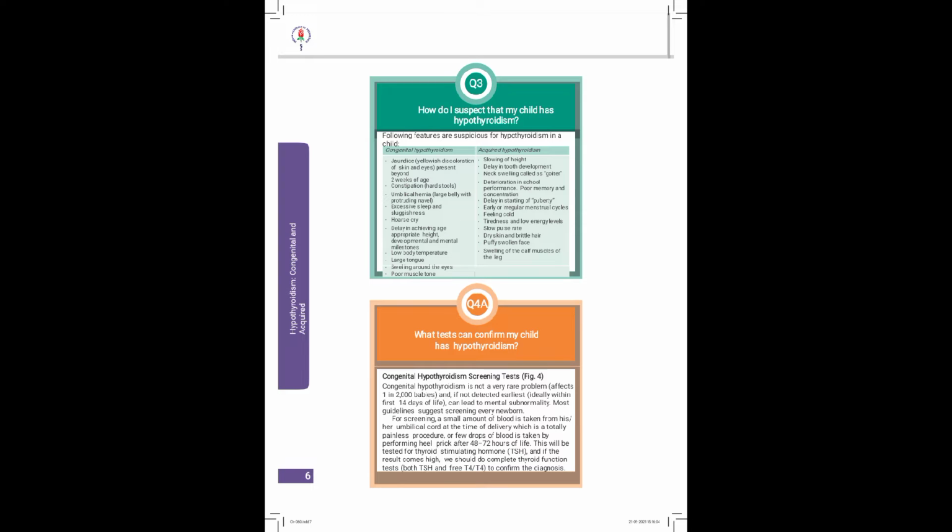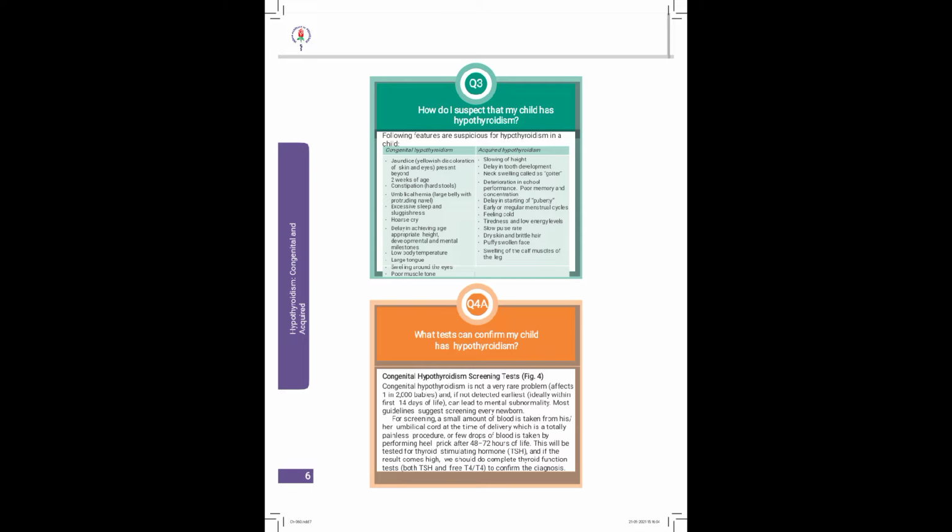Now, what are the signs and symptoms which appear in children from which we suspect hypothyroidism? For congenital hypothyroidism, the signs and symptoms are: number 1, jaundice, that is yellowish discoloration of the skin and eyes, present beyond the first 2 weeks of age, or constipation. Number 3 is umbilical hernia, that is a large belly with a protruding navel.